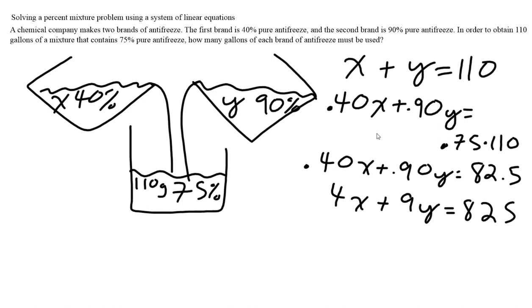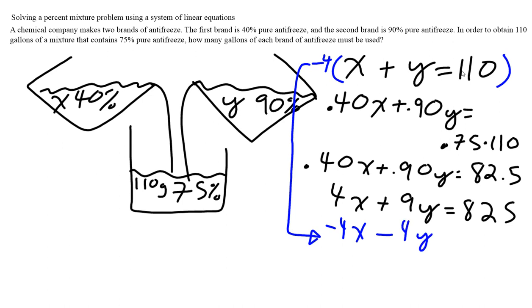Now I'm going to use my first equation and my second equation to eliminate x or y. In this case, I'll choose to eliminate x by multiplying the first equation by -4. And that, as you can see in blue, gives me -4x minus 4y equals -440.